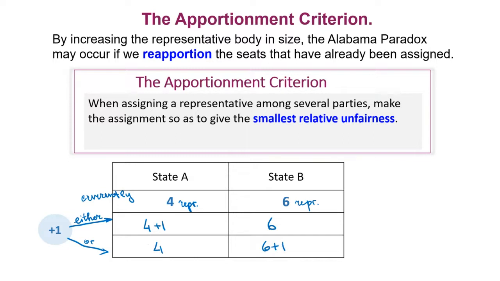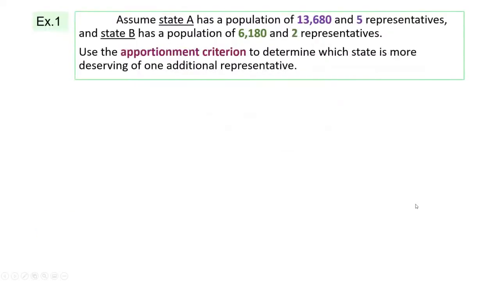We consider both situations, find the relative unfairness, and here also find the relative unfairness, and we look in which case, in case A or case B, the unfairness is smaller, is less. So you see, it will take some time.